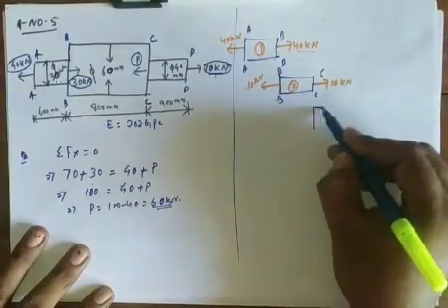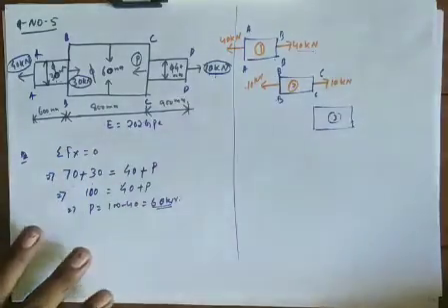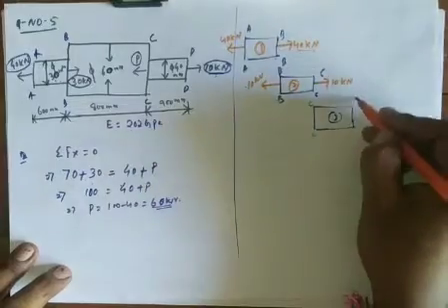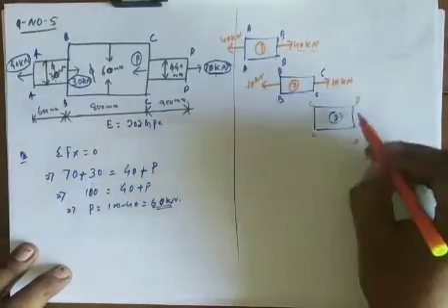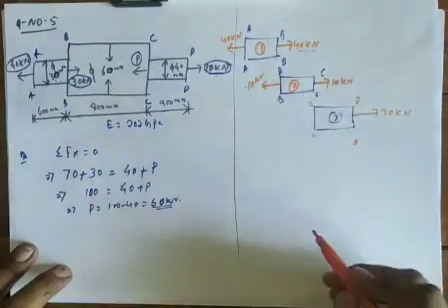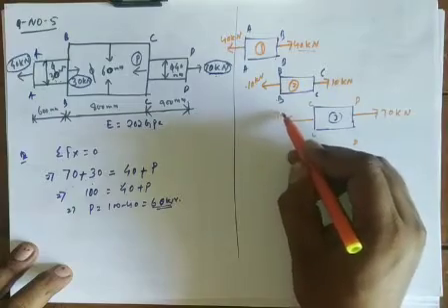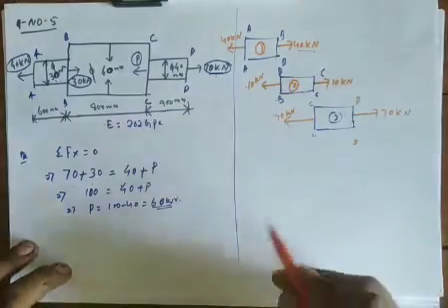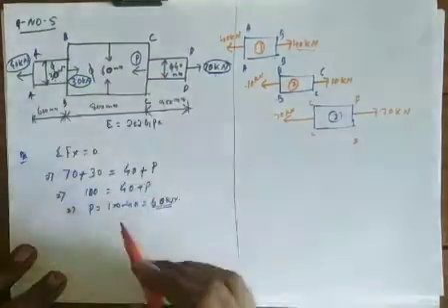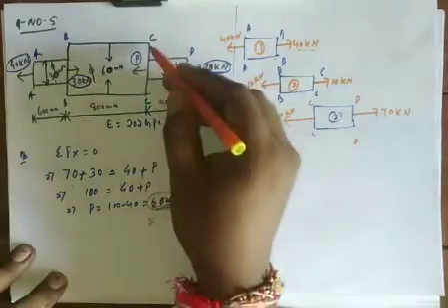Now section 3, that is CC and DD. In section CC, the actual force acting is P, which is 60 kilonewton. In section DD, 70 kilonewton is already present, that's why we need to put 70 kilonewton. In CC, the amount of P, that is 60 kilonewton, is acting on the left hand side.